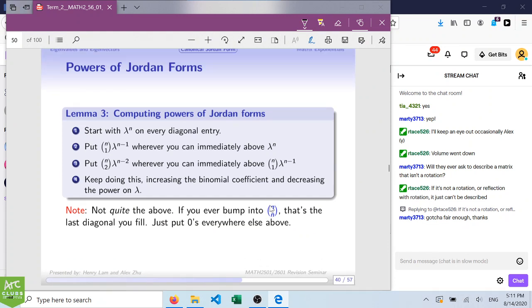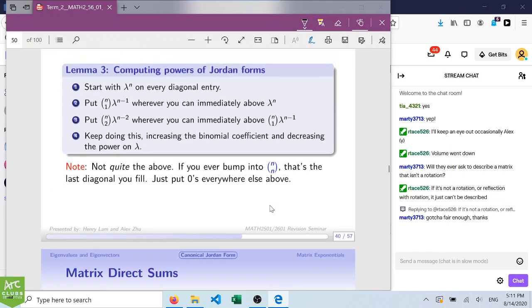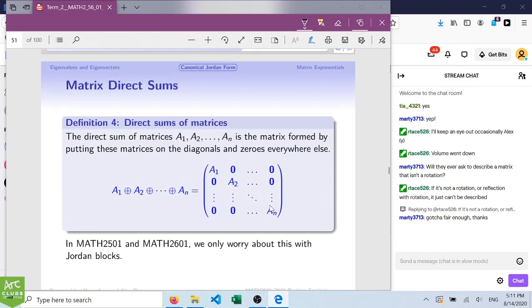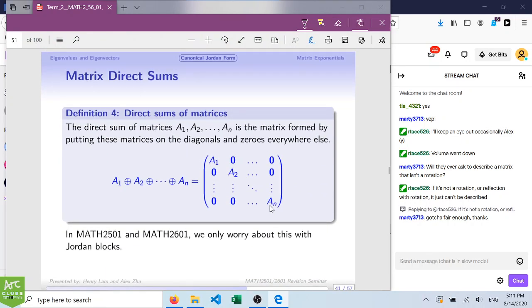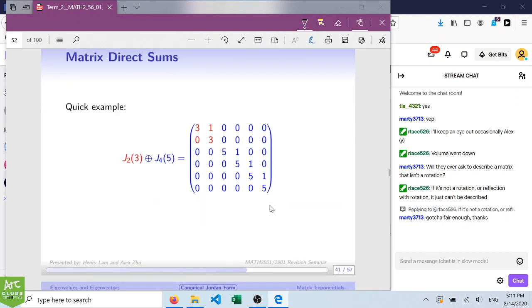So first, let's look at computing the powers of this, which is pretty much what I just said. The matrix direct sum is basically what I've said about the blocks. This is the most important example.